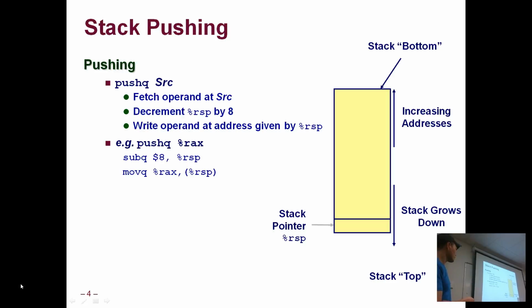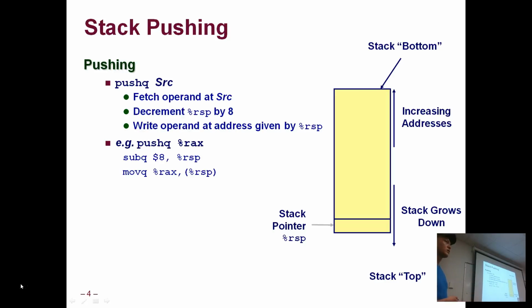I subtract 8 from RSP, and then I move the source argument into what's pointed to by RSP. So pushq is equivalent to these two instructions. Before pushq was implemented in the x86 architecture, everybody was doing this. And then the Intel designers were like, why don't we make that one instruction? And so that's how we have a pushq instruction.